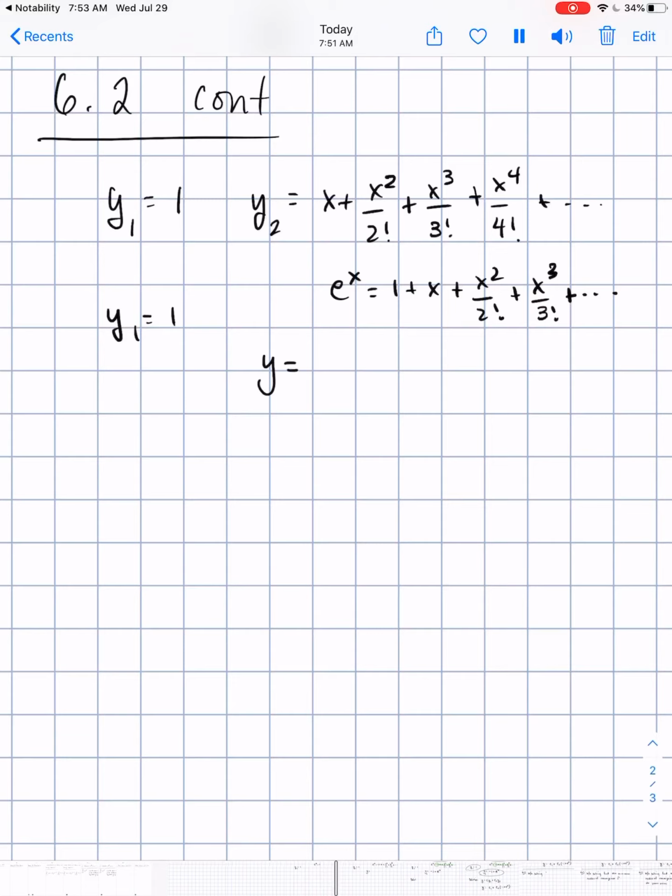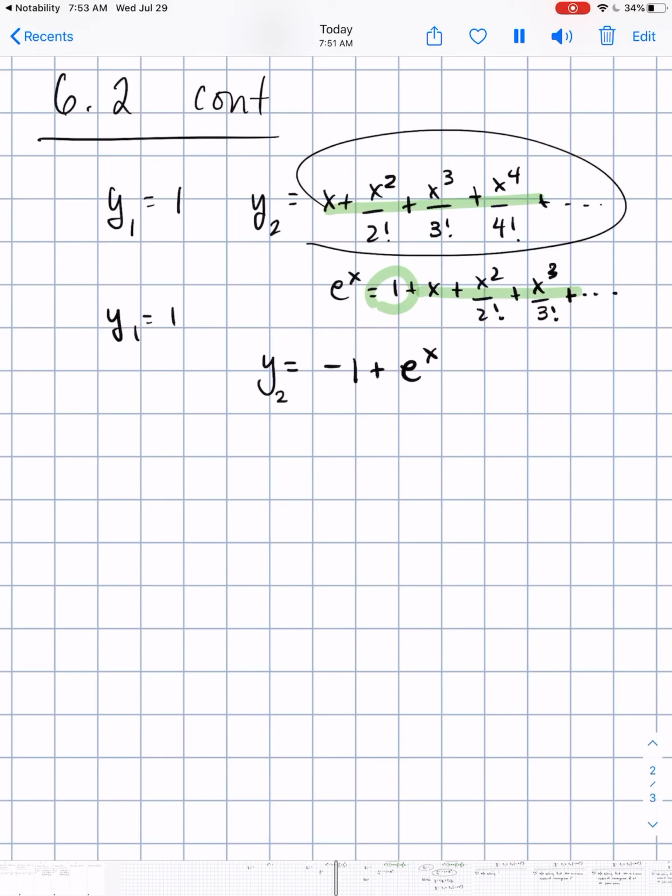Well, pretty much it's exactly the same except for that 1, right? So what I'm going to say is y2 is going to equal negative 1 plus e to the x, and then you would wind up getting this portion here because that negative 1 and the 1 would cancel out.